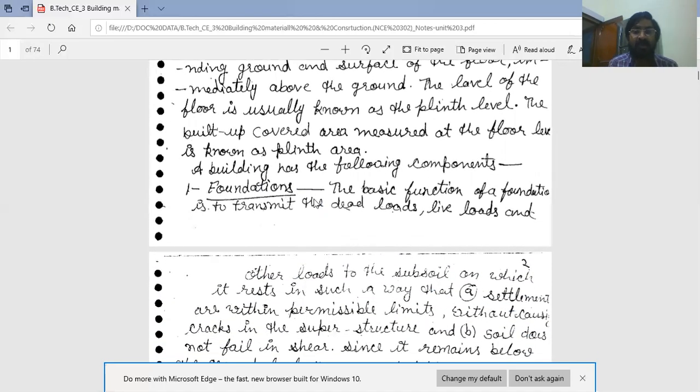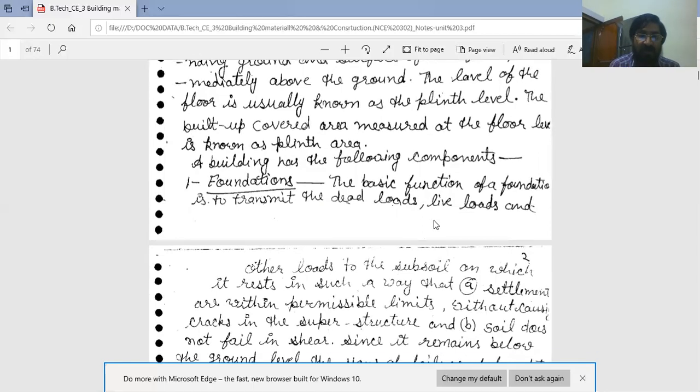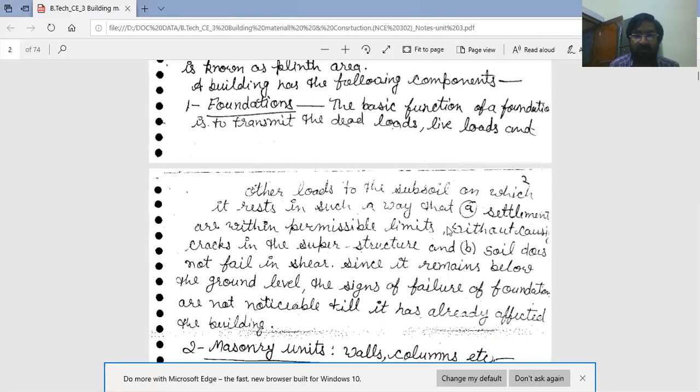Now a building has the following components. First, foundation. The basic function of a foundation is to transmit the dead load, live load, and other loads to the subsoil on which it rests in such a way that settlements are within permissible limits, not unequal settlement, without causing cracks in the superstructure.